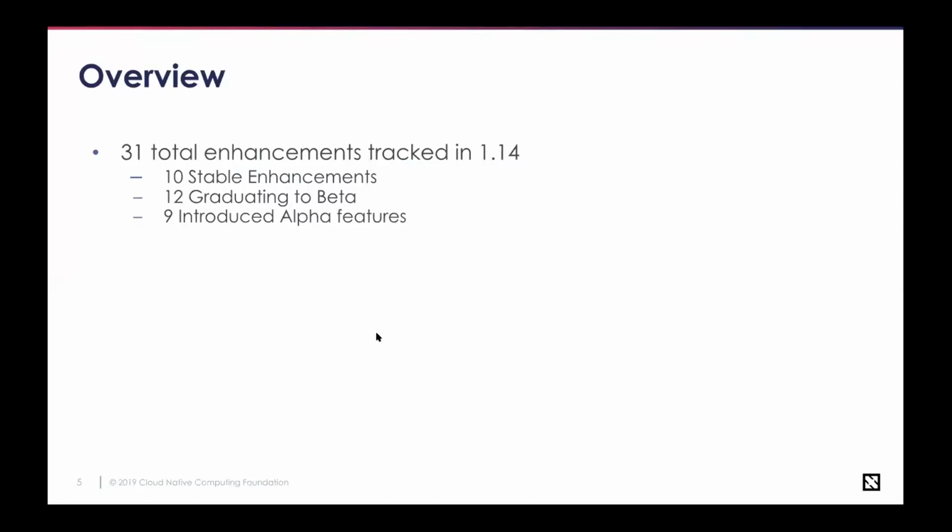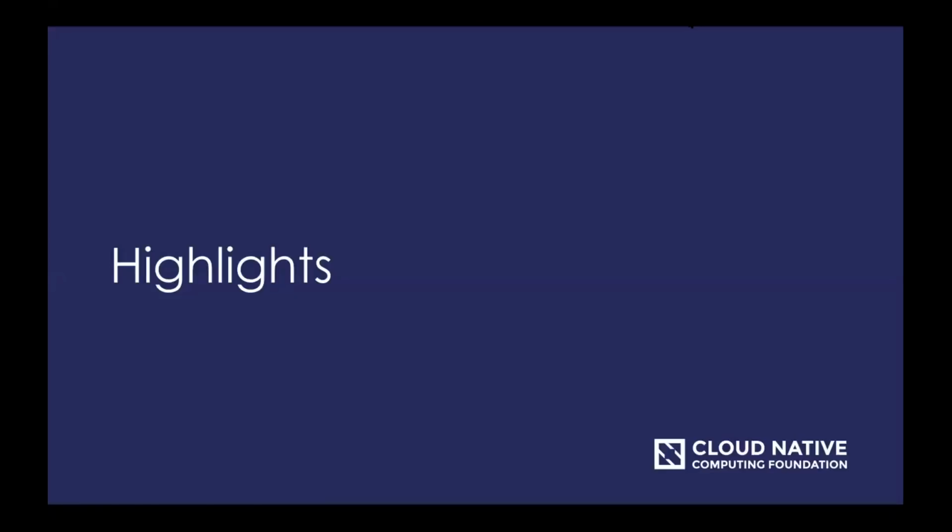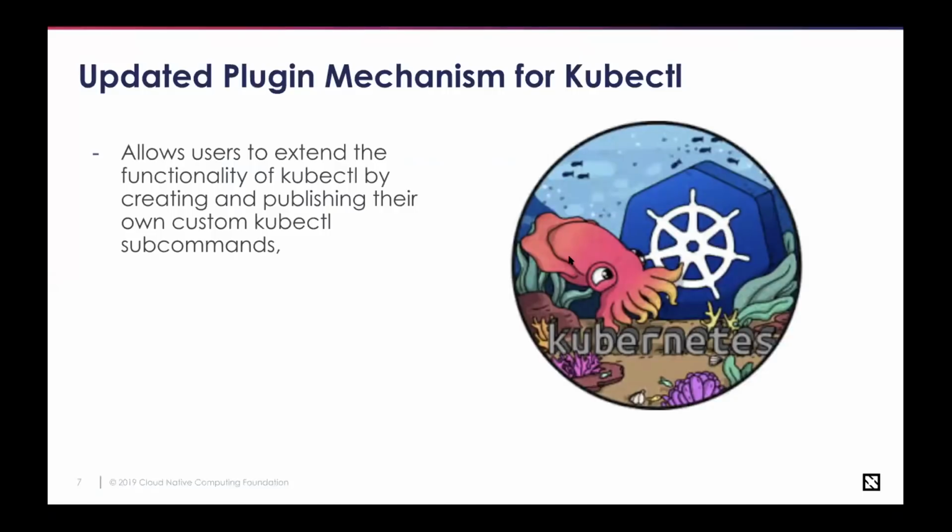And I'm excited to share a couple of the stable enhancements and one of the beta ones in the highlight section. So first up, we've got the updated plugin mechanism for kubectl. In addition to this exciting new enhancement, it's also worth noting that kubectl got a new logo and new docs in the 1.14 cycle.